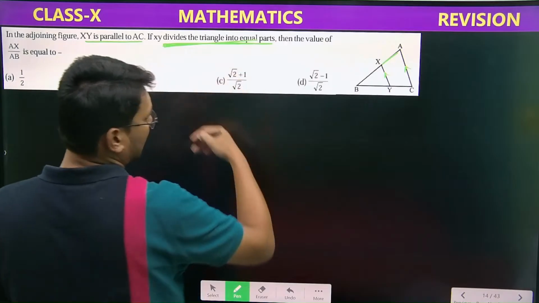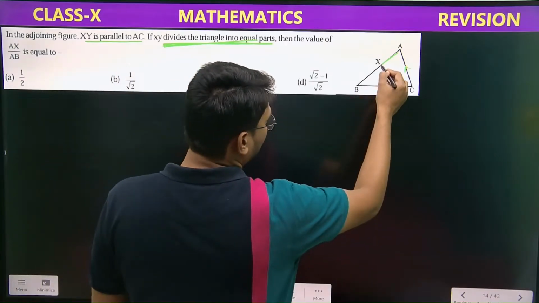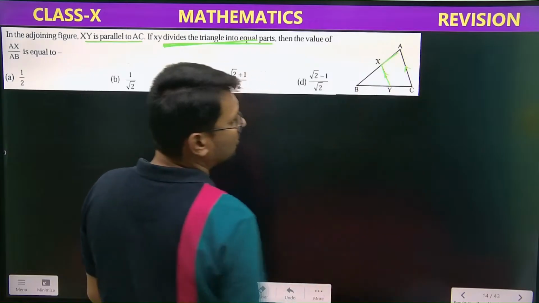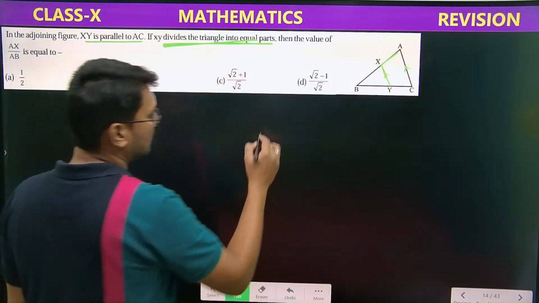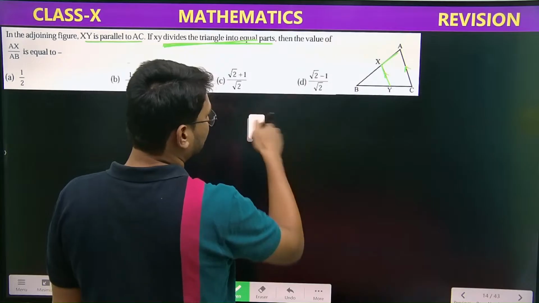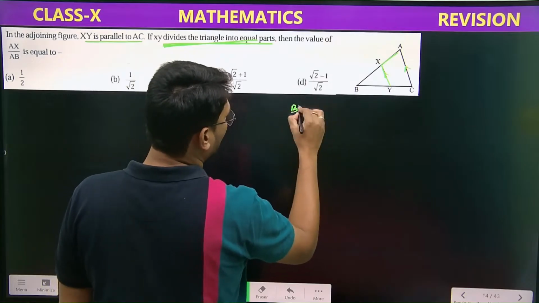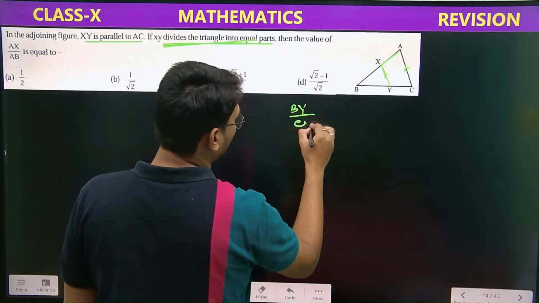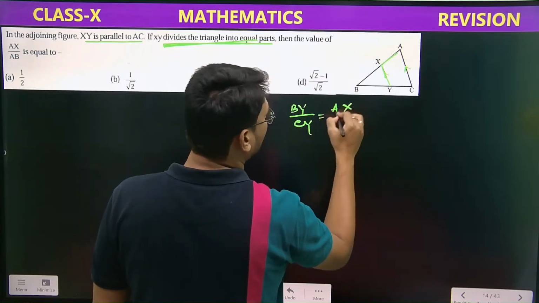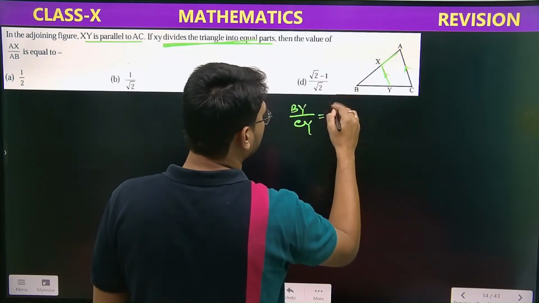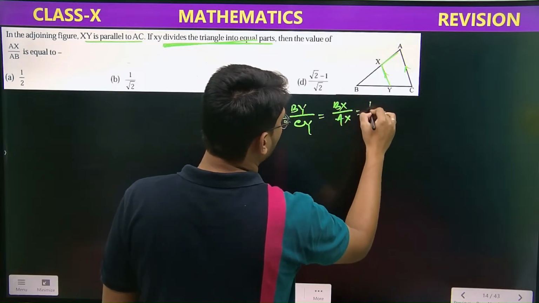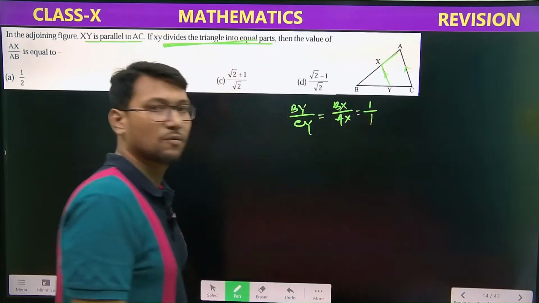इसका मतलब क्या है? If it divides the triangle into two equal parts, this upper part equals the lower part. So we can say BY by CY equals BX by AX equals 1:1.